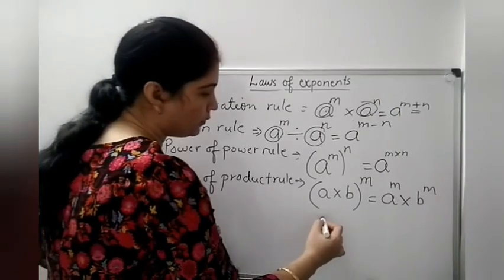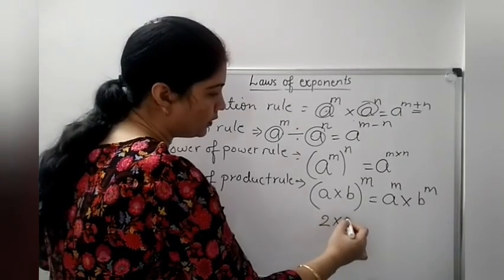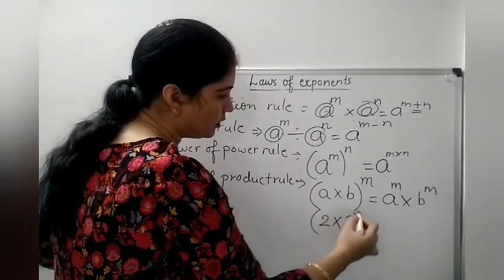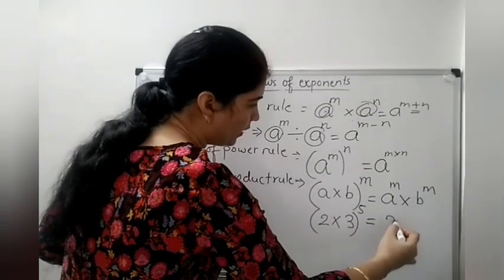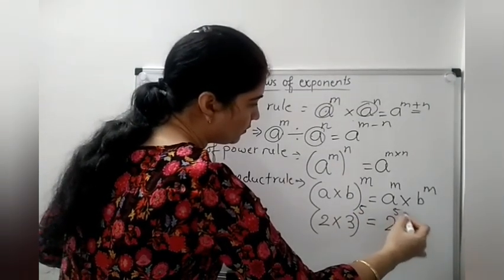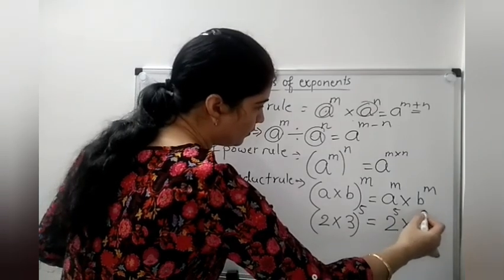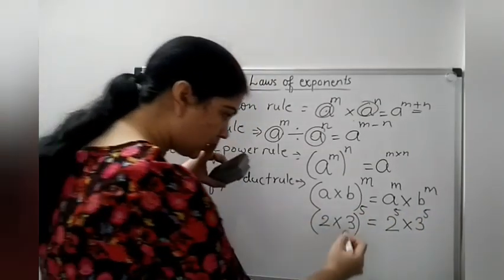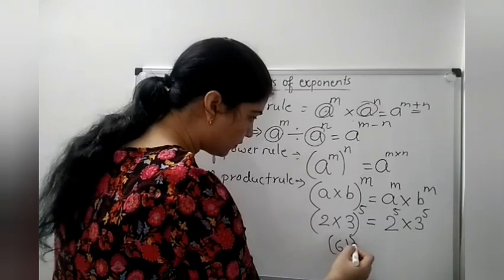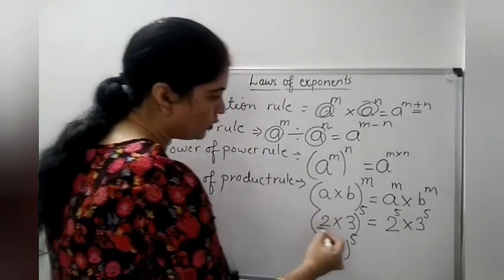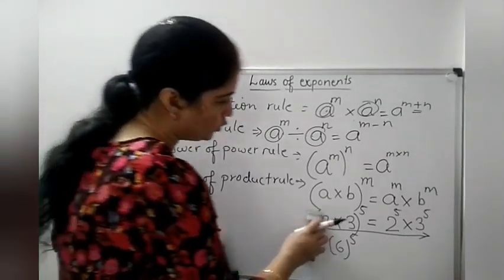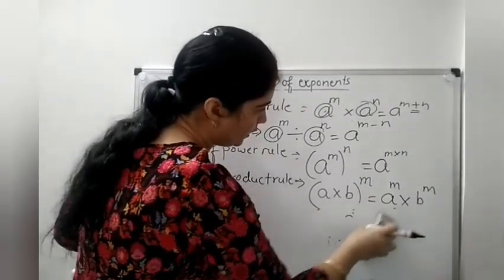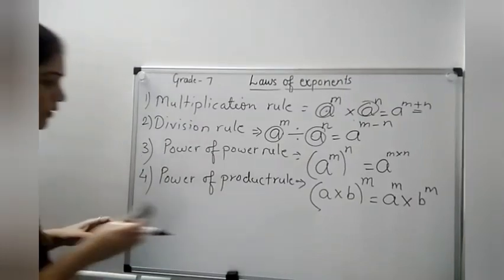Suppose I take 2 as one number and 3 as the other number, raised to the power 5. When I open the bracket, I can write it as 2 raised to the power 5 multiplied by 3 raised to the power 5. You can write it in this form also, 6 raised to the power 5, but according to this rule, you can write it in this way. So I think the fourth rule is also clear. Now we will go ahead.